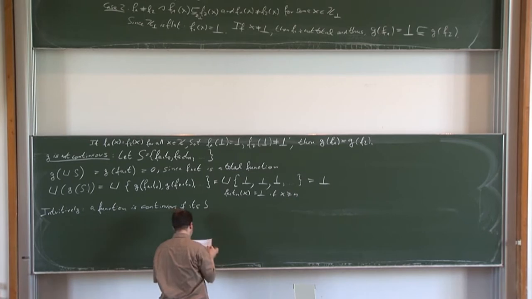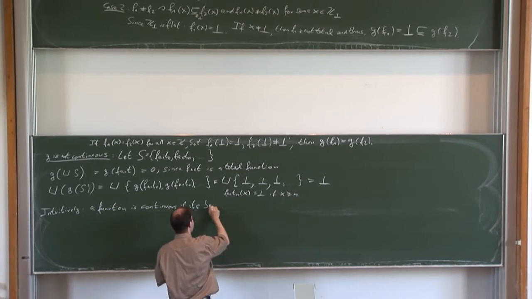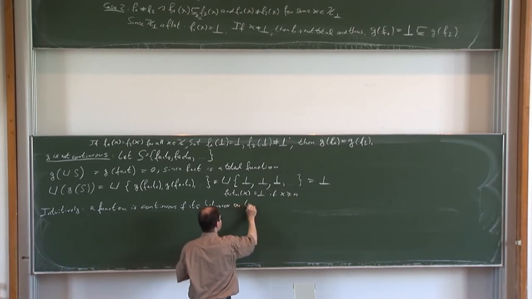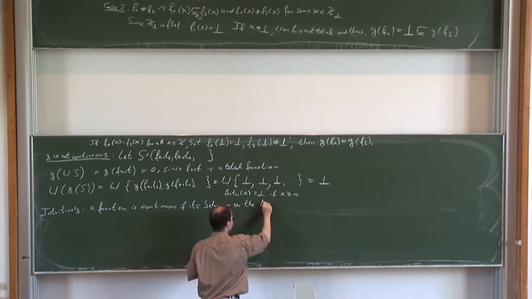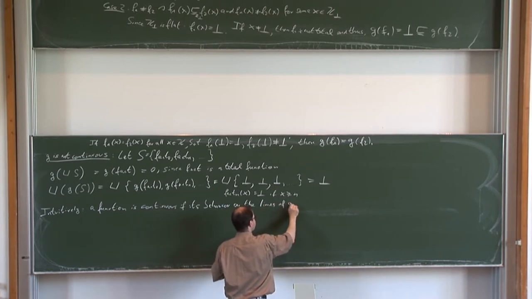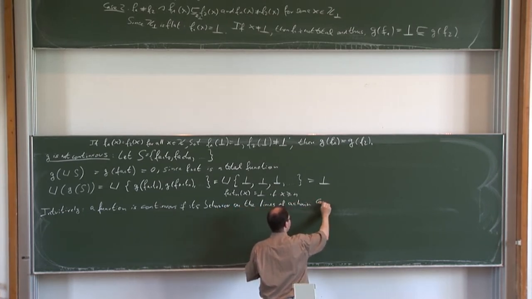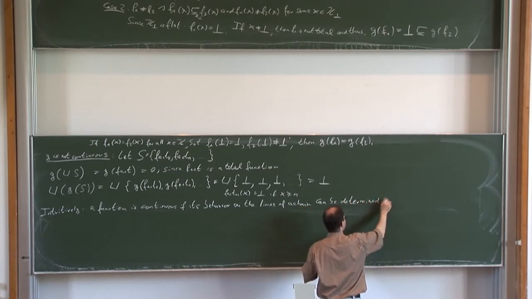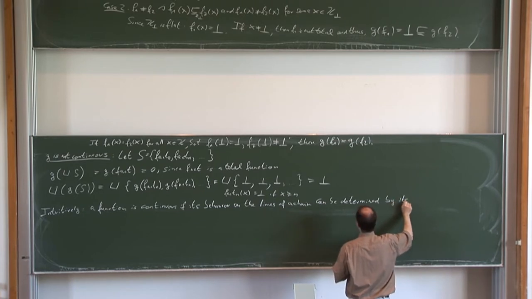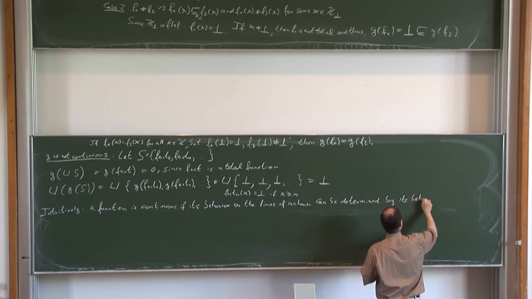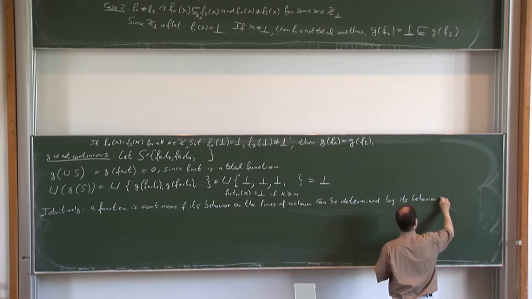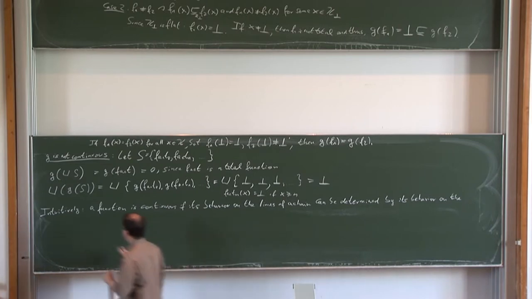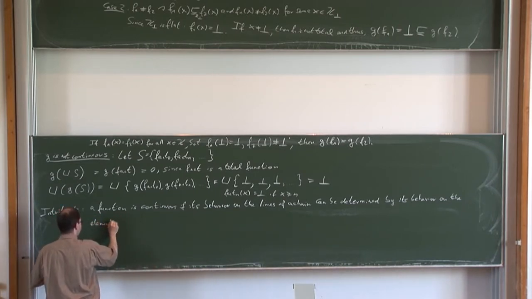So its behavior on the limes, or on the least upper bound, of a chain can be determined by its behavior on the elements of the chain.